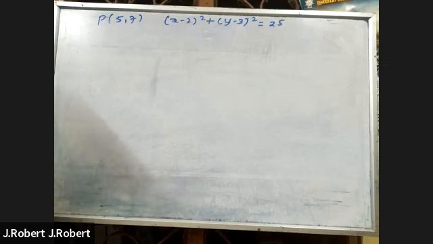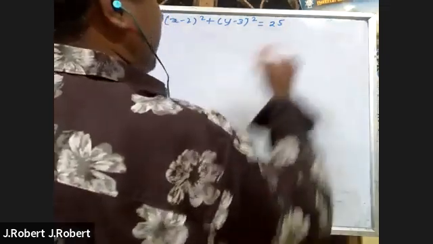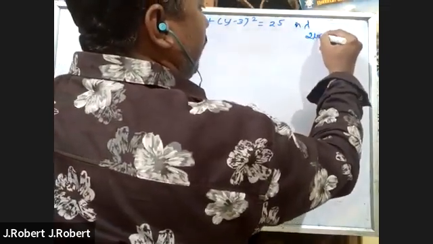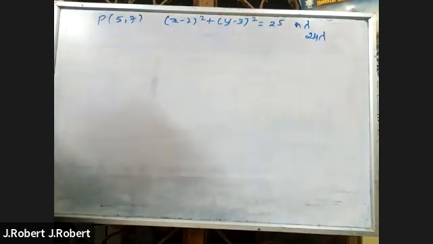The area of the triangle formed by this tangent and normal with the x-axis is lambda. Then find the value of 24 lambda.